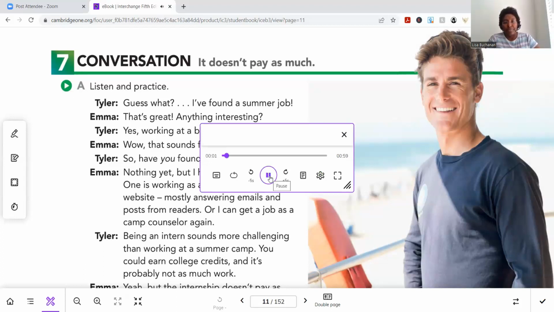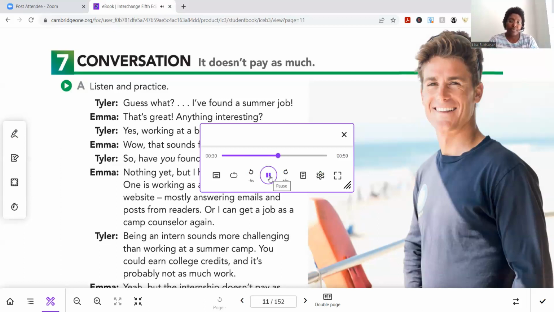Page 11, Exercise 7, Conversation. It doesn't pay as much. Part A. Listen and practice. Guess what? I found a summer job. That's great. Anything interesting? Yes, working at a beach resort. Wow, that sounds fantastic. So, have you found anything? Nothing yet, but I have a couple of leads.